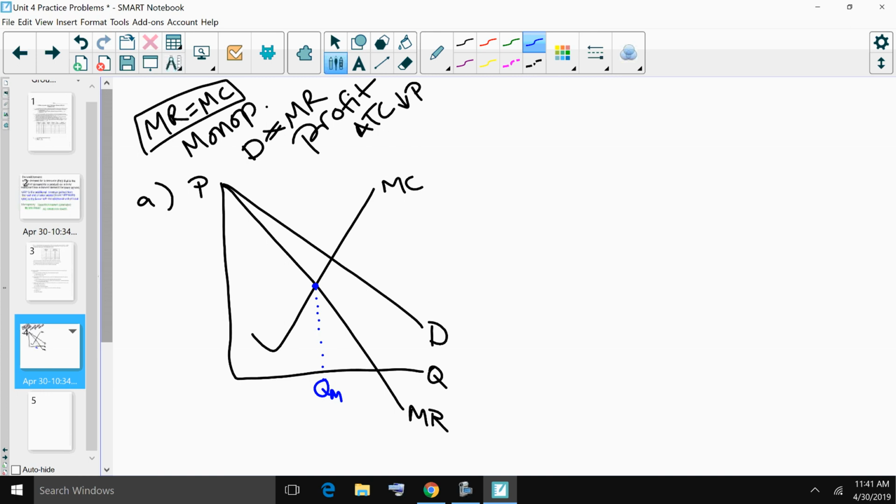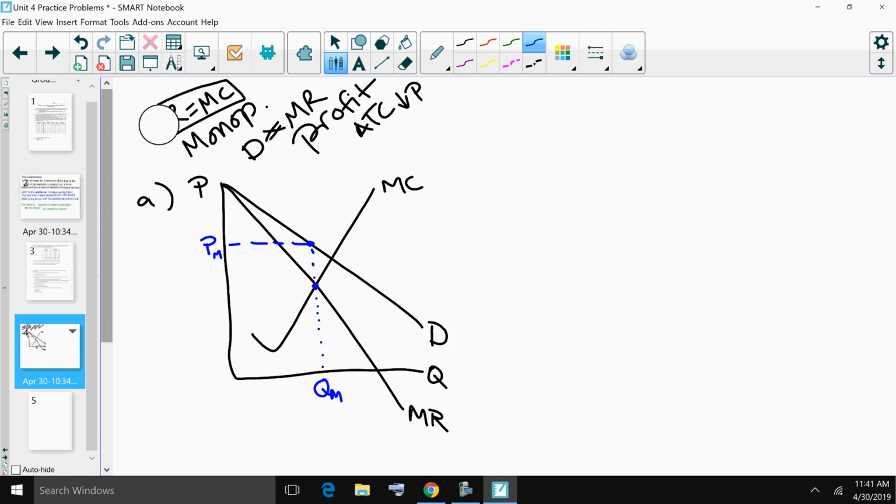Take it up to find our price at our demand curve. This is our price for the monopoly. Okay? So there is A1, output and price.